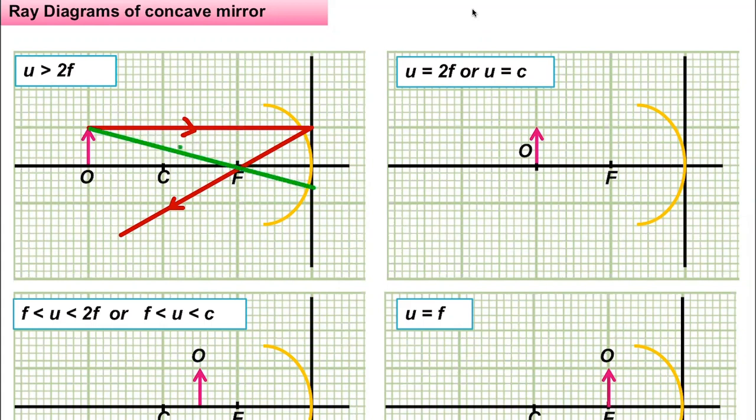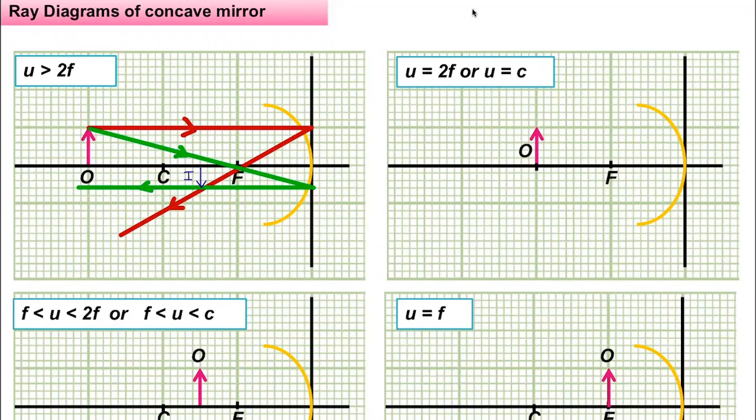Don't forget the arrow, and then it will be reflected along the principal axis. So you will get the intersection of the 2 lines, between the red and the green line.